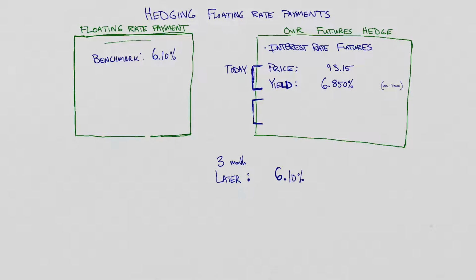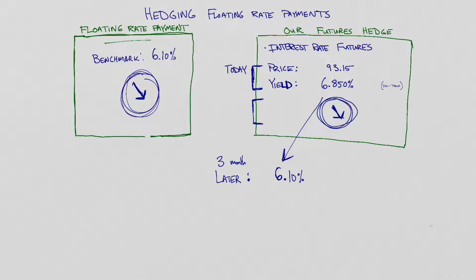In this case, interest rates fell, and our short position on this interest rate futures contract actually lost money. However, because interest rates fell from 6.85 down to 6.10, the cost of our loan also fell. And so the losses on this futures position we have are offset by the reduced cost of this underlying loan.